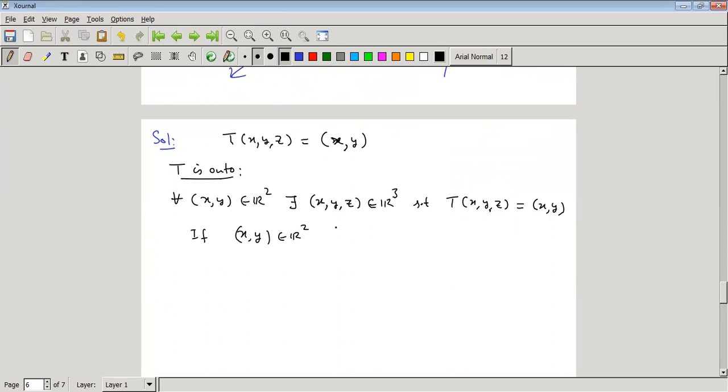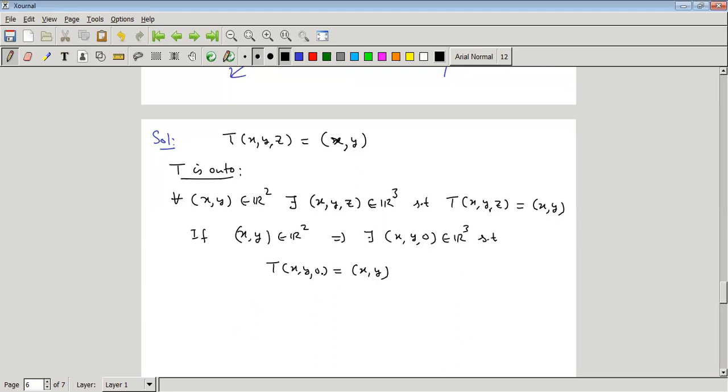What is that element? This implies there exists (x, y, 0) belonging to R3 such that P(x, y, 0) is equal to (x, y).